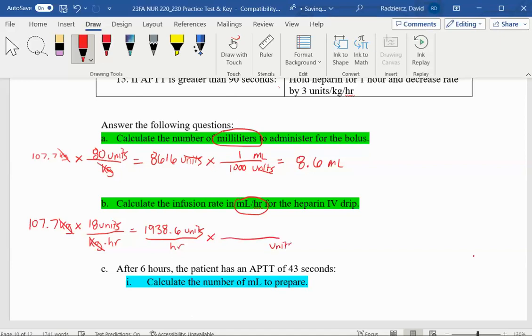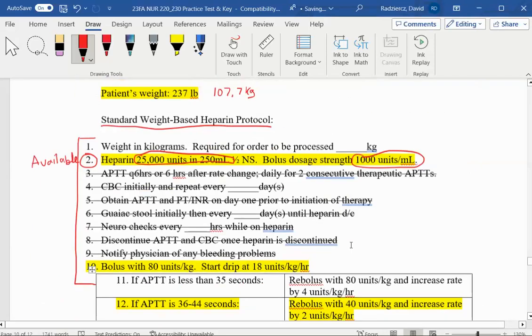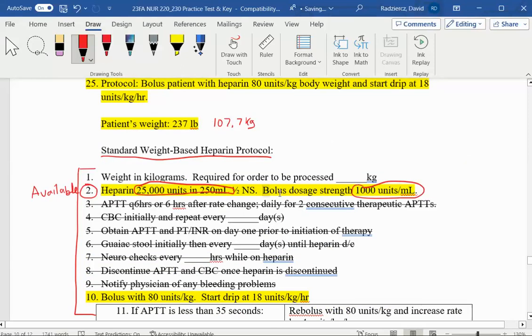So I need to have a way to convert units to milliliters. So I'm going to go back up to my protocol, look at my available. So we're not doing a bolus dose, so I'm not going to use the bolus dose strength. I'm going to use my IV. And my IV says 25,000 units, 250 ml.